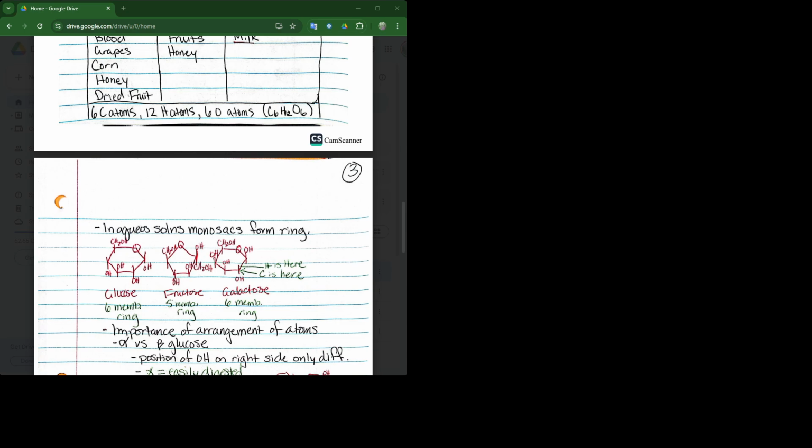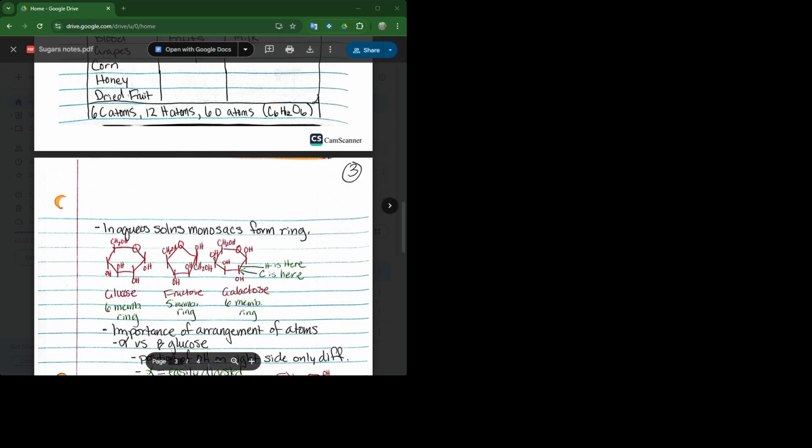And where a line ends, or where a carbon should have more atoms bonded to it, we assume an H, right? So I wrote a little note here. There's a carbon here pointing at this corner, and there's a hydrogen here pointing at the end of the line, okay? I also wrote notes that glucose and galactose are 6-member rings, and fructose is a 5-member ring.